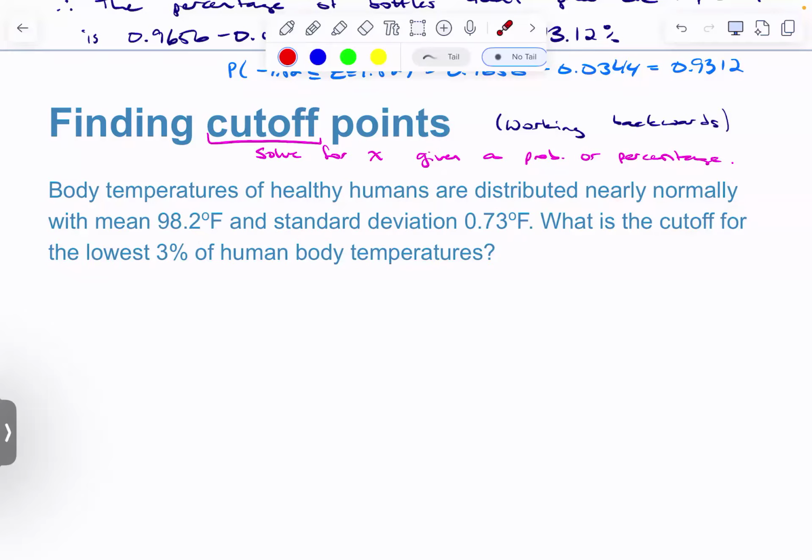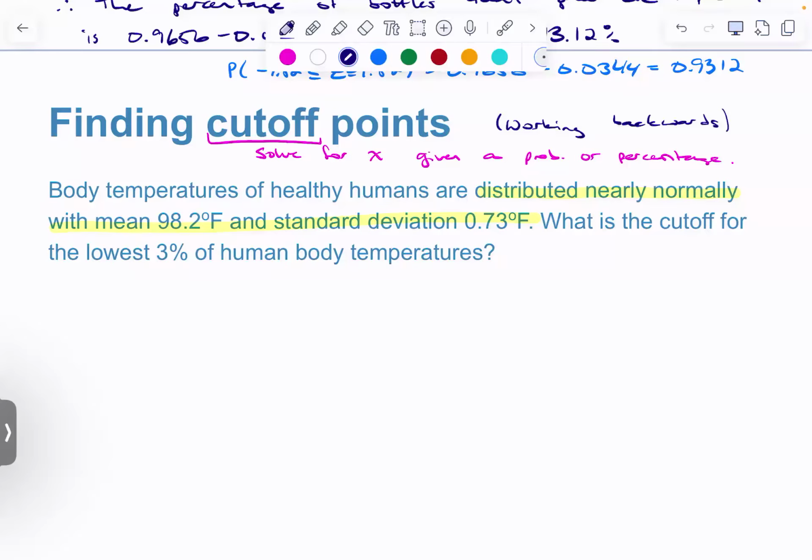As soon as you see this sentence structure, distributed nearly normally with a mean of this and a standard deviation of that, the first thing I want you to do is just draw the normal distribution. I know it feels like I don't need that, I can just solve these.